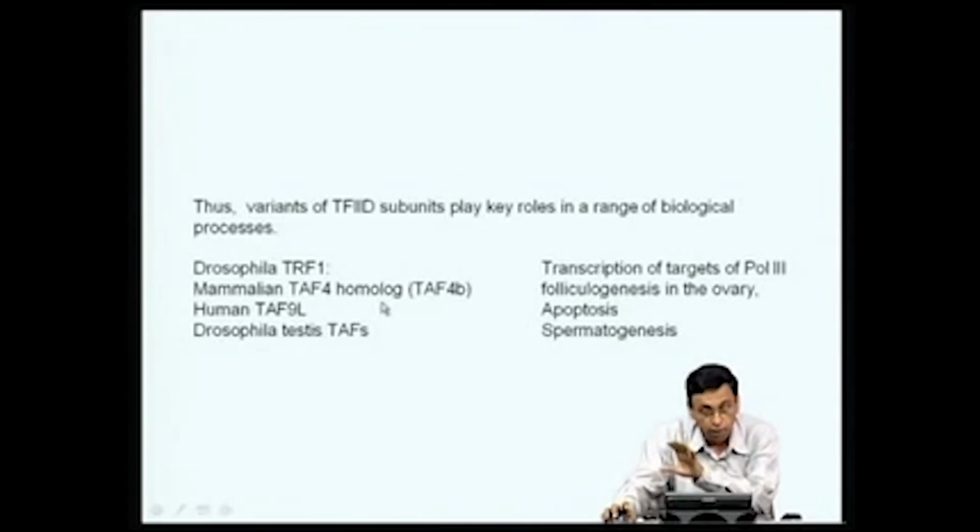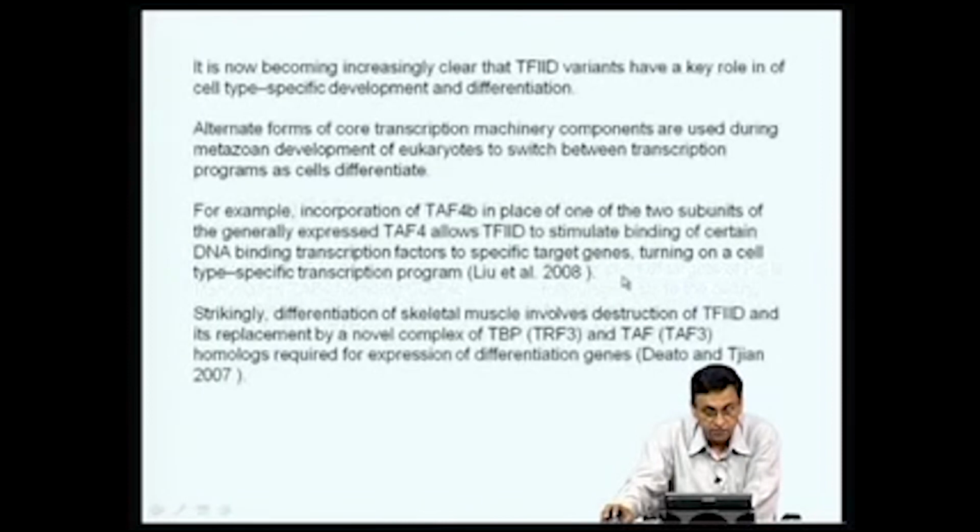Certain promoters of RNA polymerase 3 are also regulated by TRF1, and in the case of TAF4B, it is essential for folliculogenesis in the ovary. In the case of mammals, there is a human variant of TAF9 called TAF9L, which is involved in apoptosis, and in the case of Drosophila, there are certain variants of TAFs which are expressed in testes, and these testis specific variants of TAFs are very important in spermatogenesis.